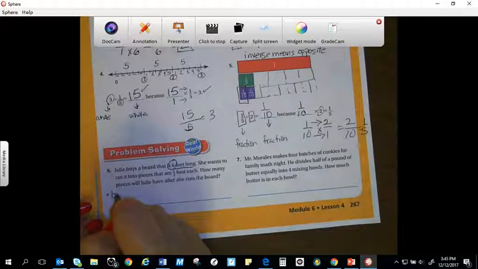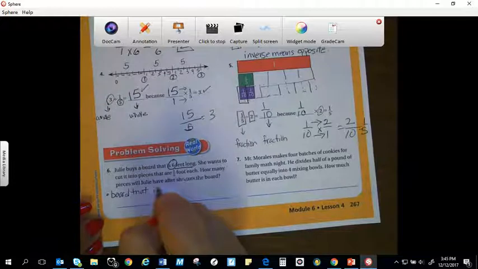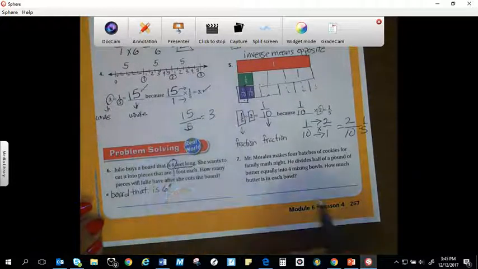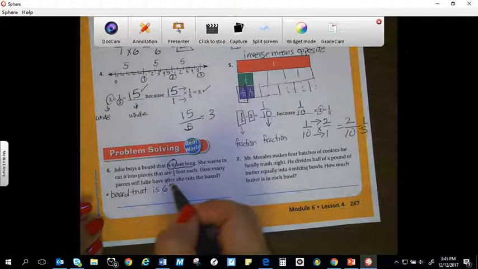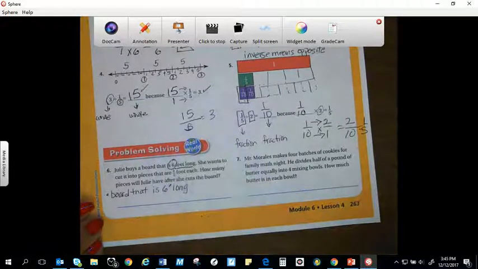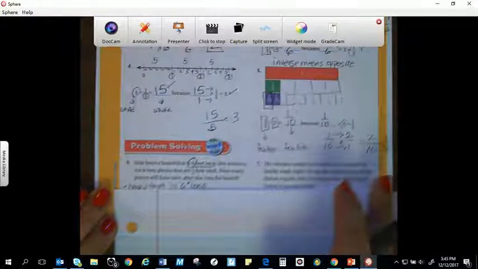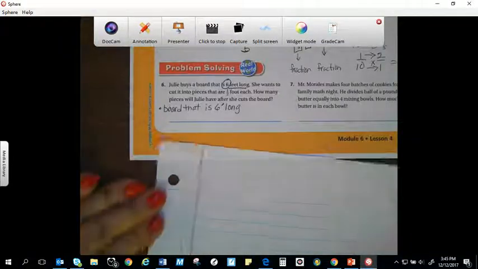So she has a board that is 6 feet. I'm going to draw this little line above. That represents feet. Okay, she's already starting off with a board that's 6 feet. I'm going to go to another sheet of notebook paper because I know I'm not going to have enough room as I show my diagram.